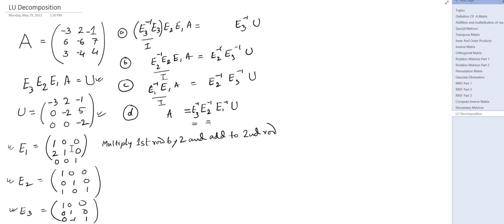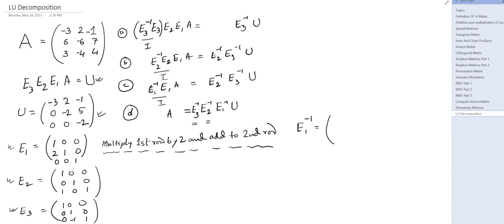When we built E1, we multiplied the first row by 2 and added it to the second row.